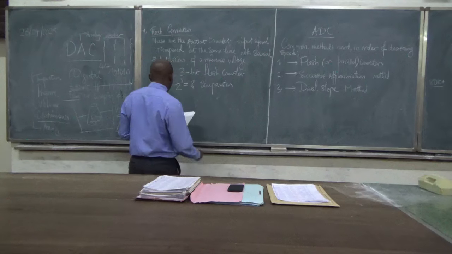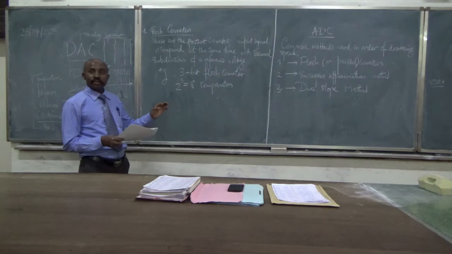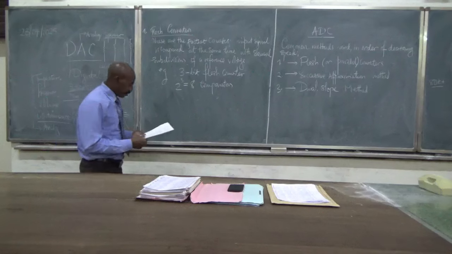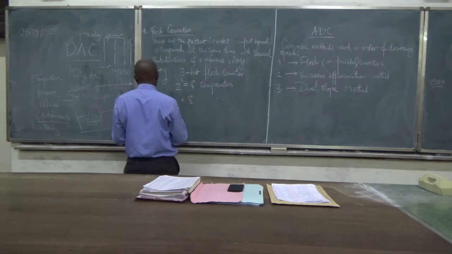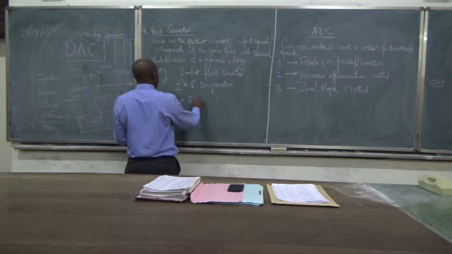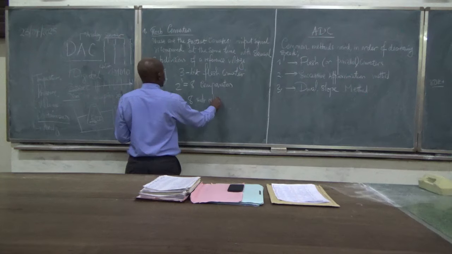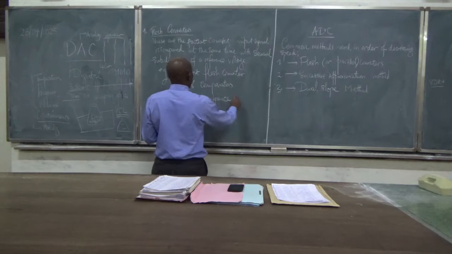So if we have 8 comparators, then we have to subdivide the reference voltage, which means we would have about 8 sub-reference voltages.